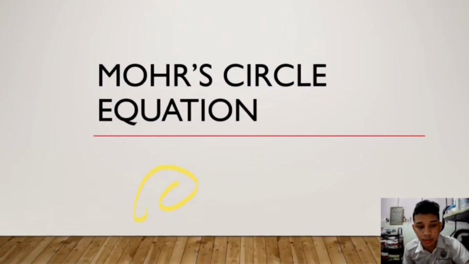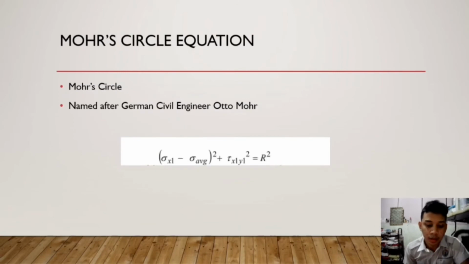Okay, Assalamualaikum. So I will continue with the Mohr circle equation. The circle with that equation is called Mohr's circle, named after the German civil engineer Otto Mohr. He also developed the graphical technique for drawing the circle in 1882.